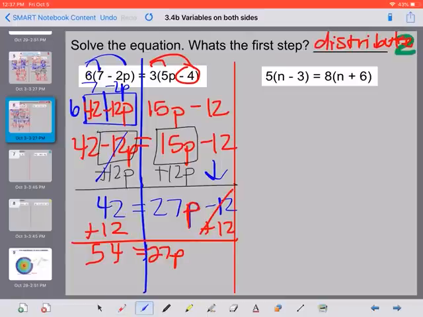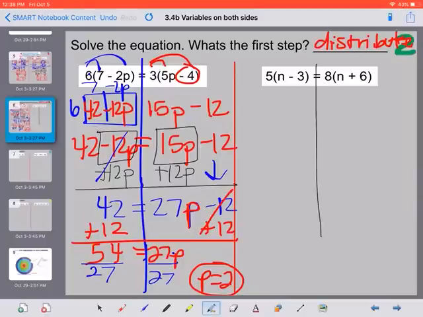And then our very last step, the opposite of multiply, is divide. So we're dividing by 27 on both sides. So p is really 54 divided by 27. 27 goes into 54 exactly 2 times. That would be one I would use my calculator if I wasn't quite sure about.